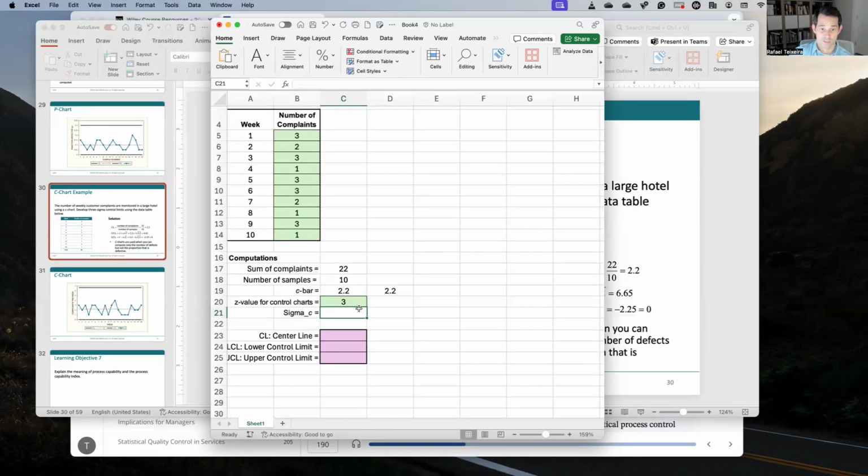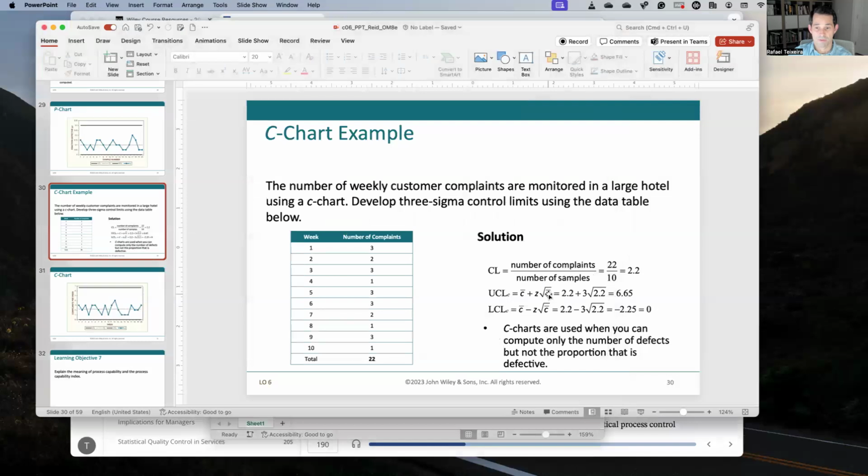Let's do that. The standard deviation is going to be equal SQRT for square root, open parentheses, and select the C bar, which is the average count. When you do that, we get a sigma of 1.48. Let's reduce the number of decimals to make it visually better.